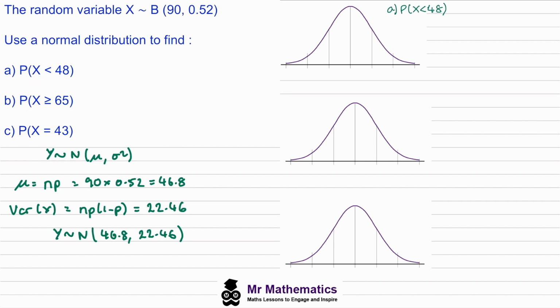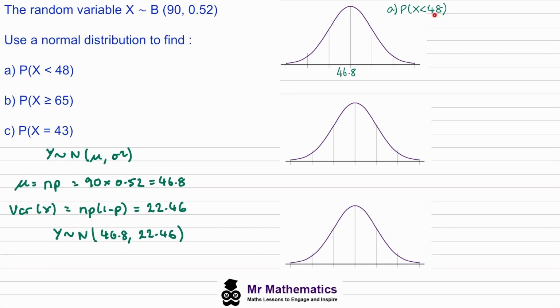But we need to remember that this 48 is a discrete value because it's come from the binomial model. And the normal distribution uses a continuous scale. So we need to apply continuity correction so we can plot this discrete value on our normal distribution curve. We know the mean will be at 46.8, which I'll show here.